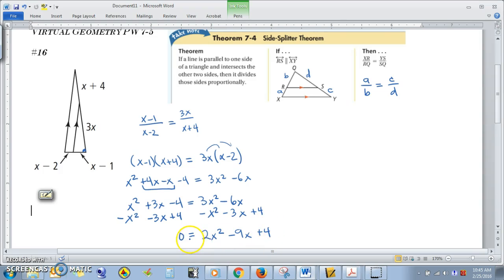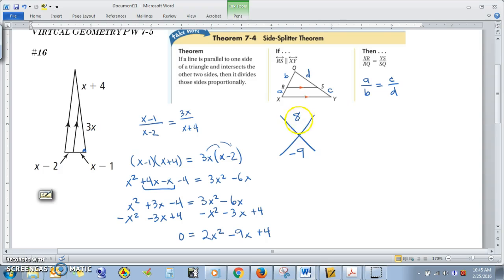And then there are different methods of solving quadratic equations. You might remember that one of the easier ways was to check to see if it factors. So I'm going to check to see if it factors, and the method I use is the big X method, where I do a times c, the coefficient of x squared times the constant, on the top, so 2 times 4 is 8, and then the b, the coefficient of x, goes on the bottom, negative 9.